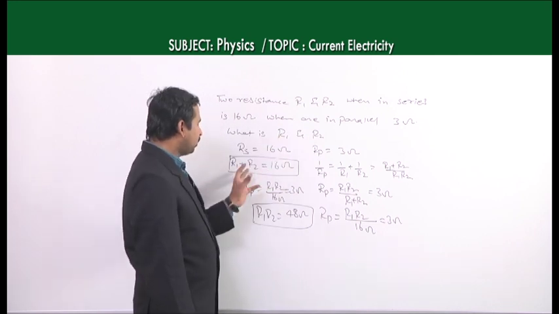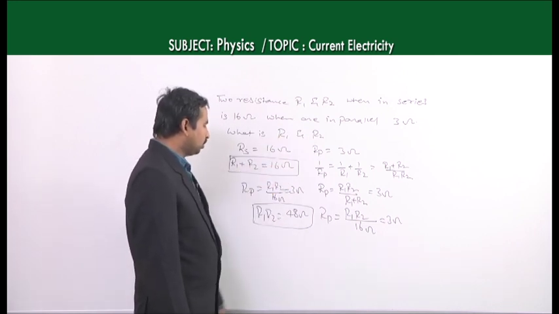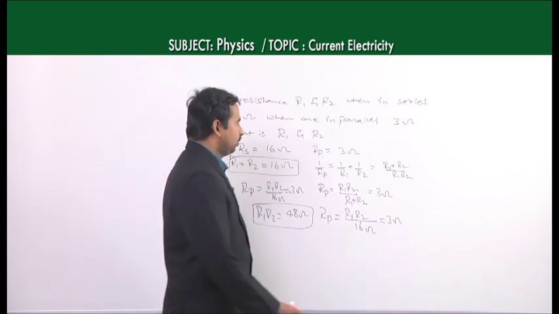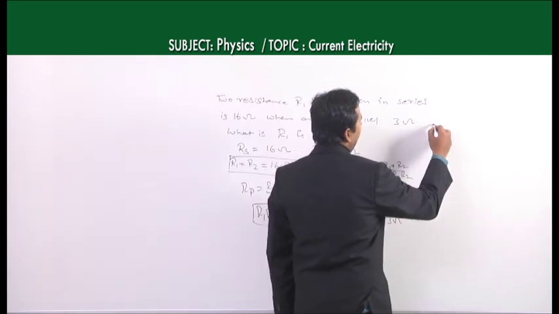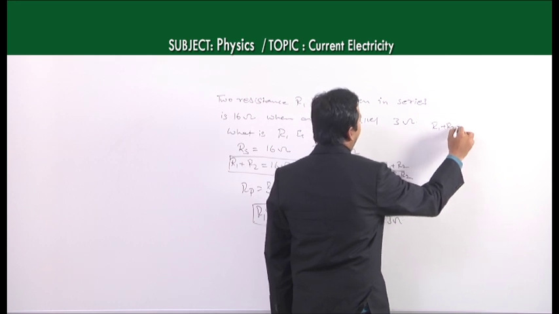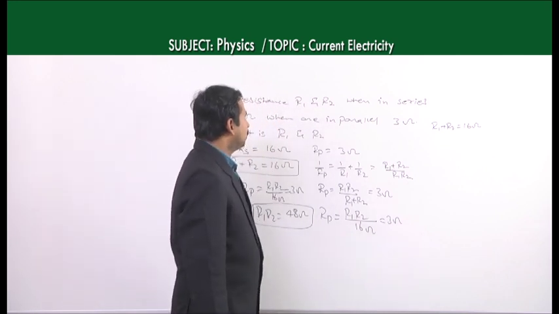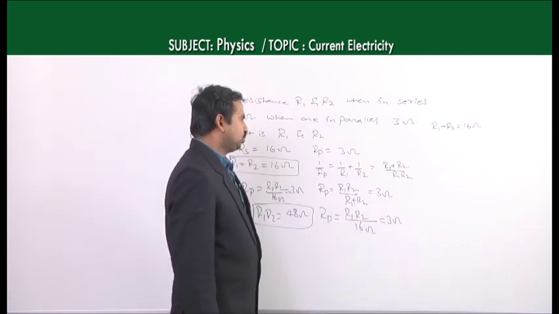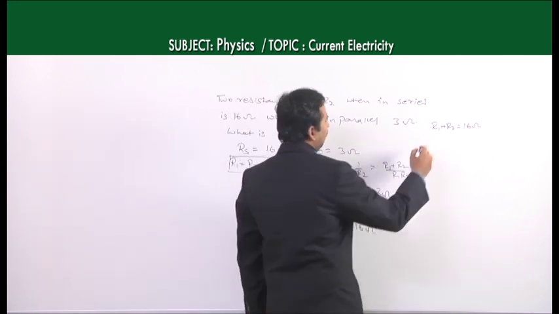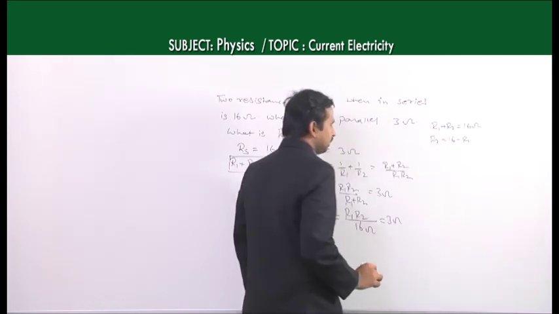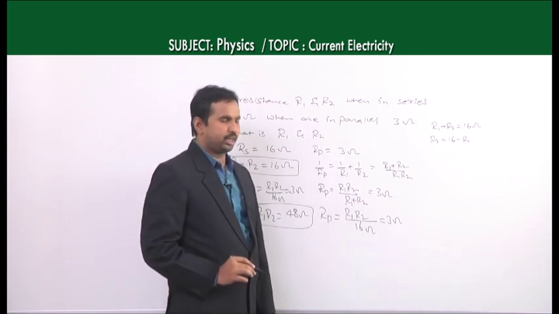Then if we take the values of R1 plus R2 and R1 R2, we can directly find the R1 and R2 values. For example, as R1 plus R2 is equal to 16 ohms, from this we can write R2 is equal to 16 minus R1.